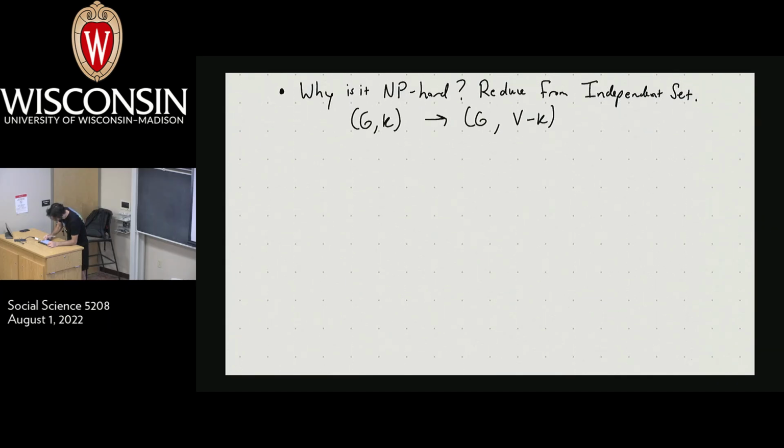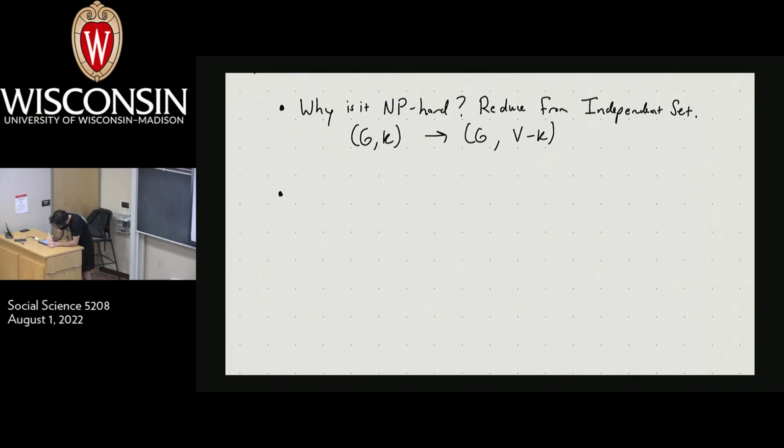So now let's try to solve it. So how can we solve min vertex cover fast? I don't care if it's right, I just want it to be fast. Any ideas?